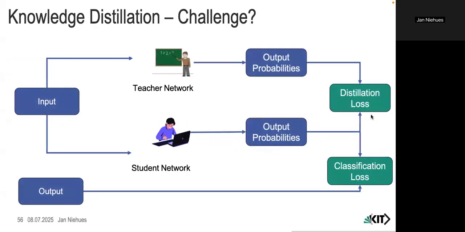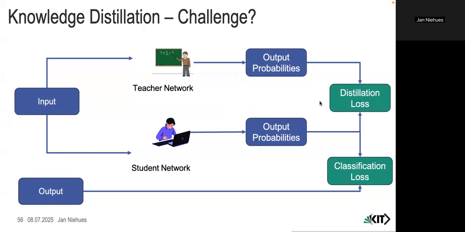If we now have this type of setup where we have our student network and it gets a teaching signal from the teacher and maybe also from the reference, we do a classification. I mean, we have one loss from the output and one loss from the teacher.